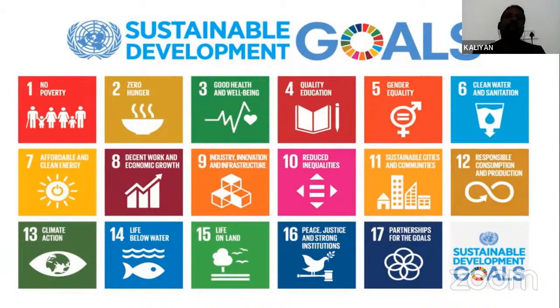Number 7 is affordable and clean energy. 8 is decent work and economic growth, and 9 is industry, innovation and infrastructure. 10th is reduced inequalities, 11th is sustainable cities and communities, and 12th is responsible consumption and production. 13 is climate action, 14 is life below water, 15 is life on land, 16 is peace, justice and strong institutions, and 17 is partnerships for the goals.